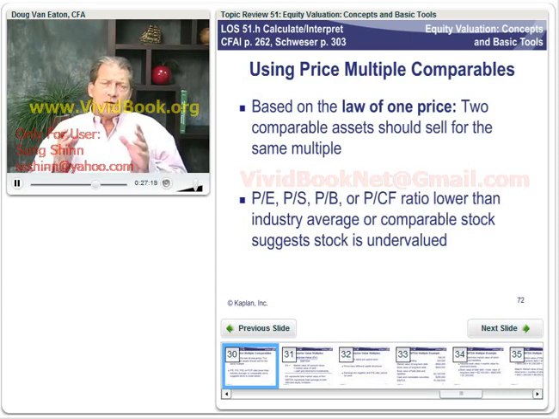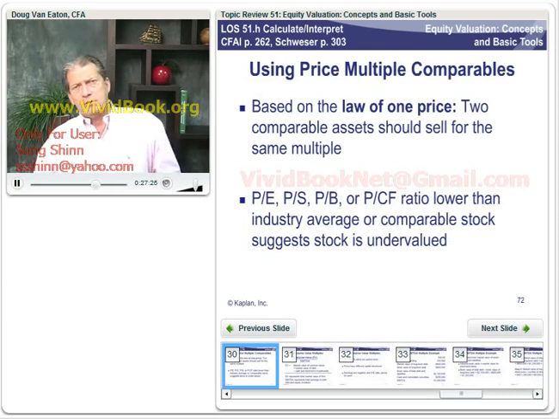When we did that present value, the expected future cash flows, whether that was dividends or free cash flow to equity, that was an absolute valuation formula. We were using current interest rates, discount rates, risk, expected future dividends to calculate a value for the stock. Here, we're going to look at the price sales or price to cash flow ratio of a firm and say, well, given these comparable firms, this ratio should be this.